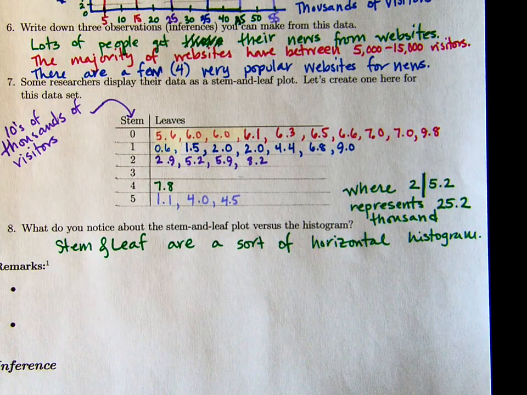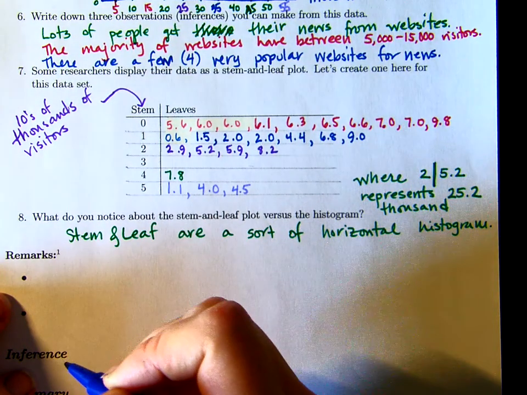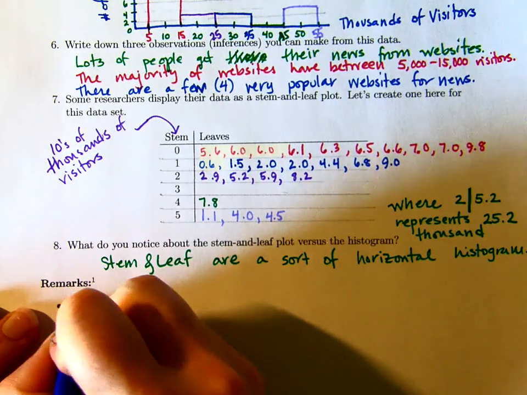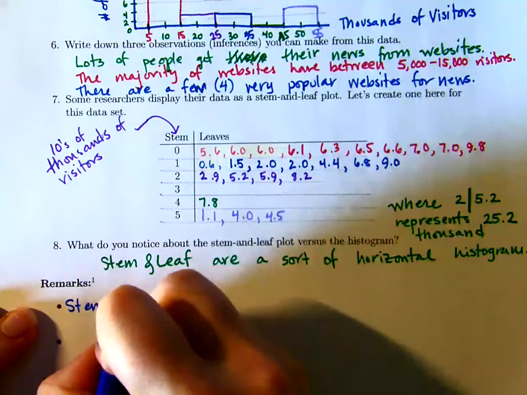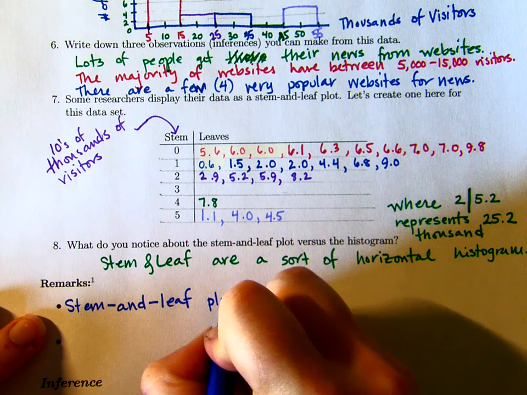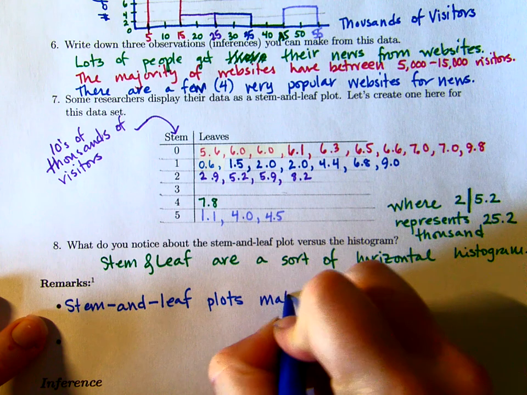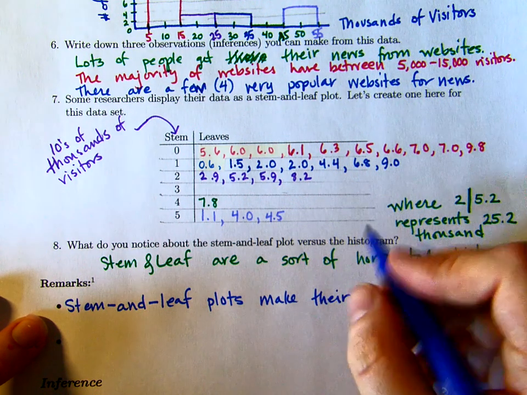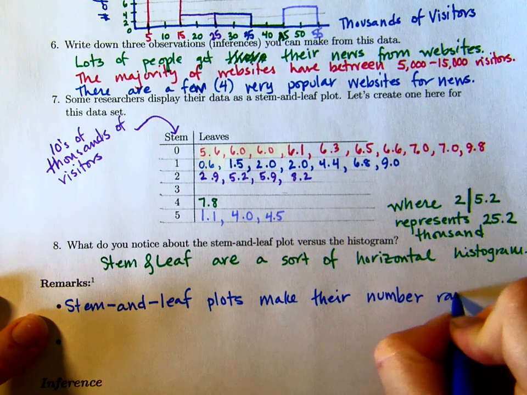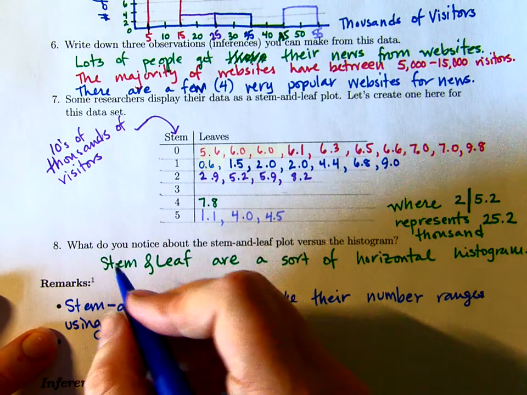So what I just said out loud is that stem and leaf plots make their data ranges using base 10 place values.